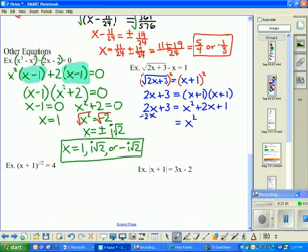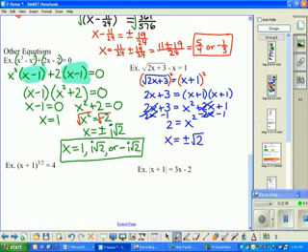If I subtract 2x from both sides, these two actually become 0, and also subtract the 1. So I get 2. So I have x squared equals 2, square root both sides, and that would leave me with x is equal to plus or minus the square root of 2.